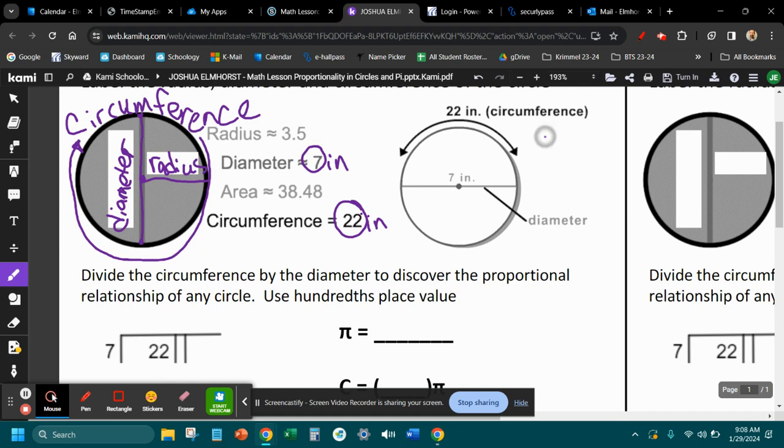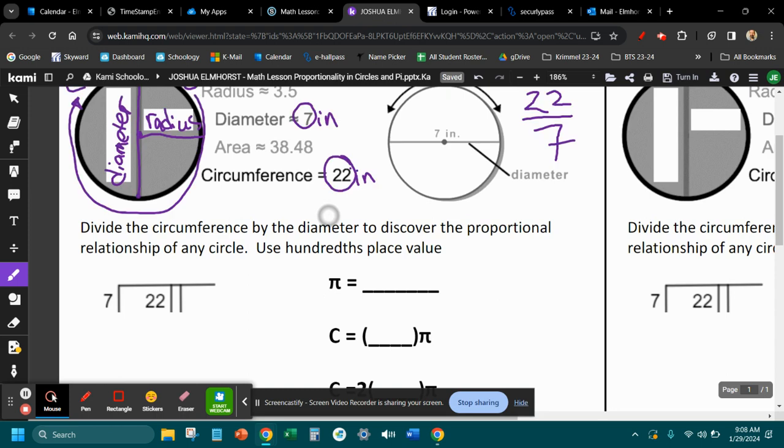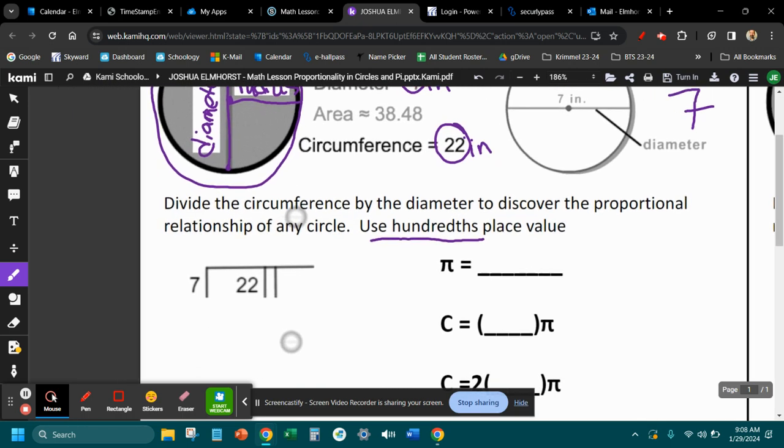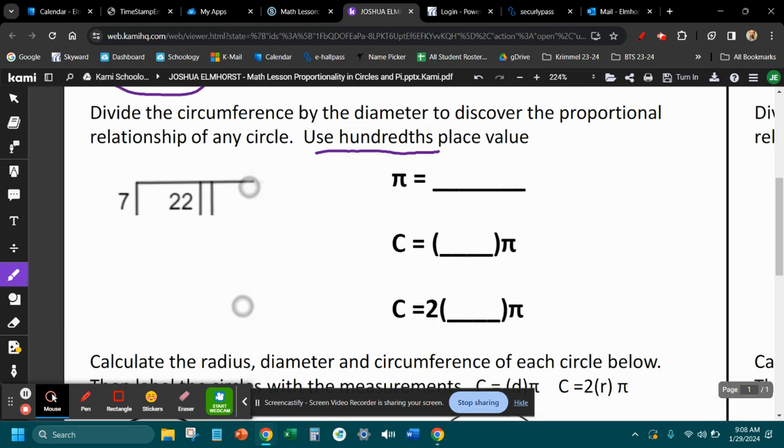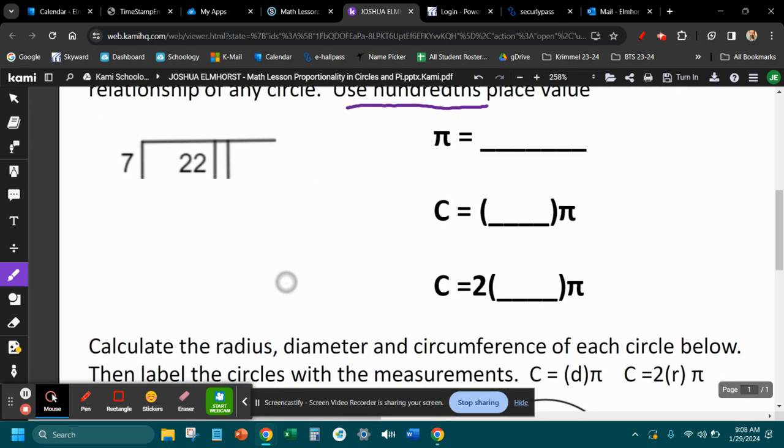So let's set that up, 22 over 7 as a fraction. Now we're going to go down below and divide that out. Divide the circumference by the diameter to discover the proportional relationship of any circle. And we're going to use hundredths place value in the division process.